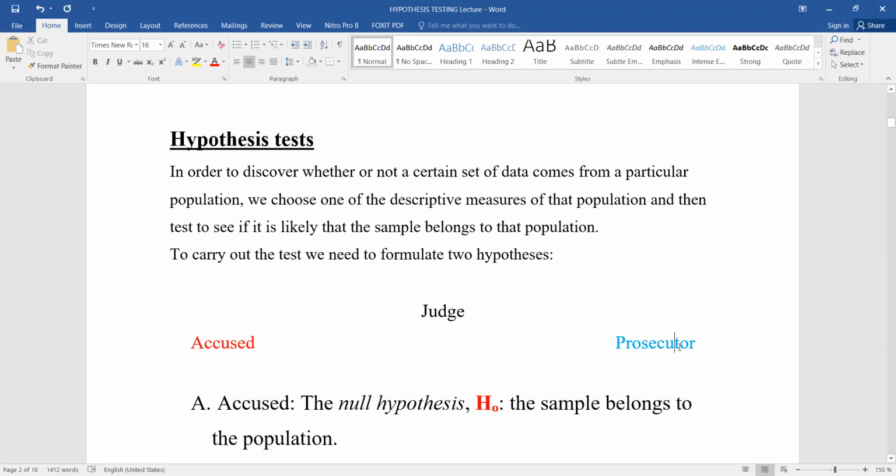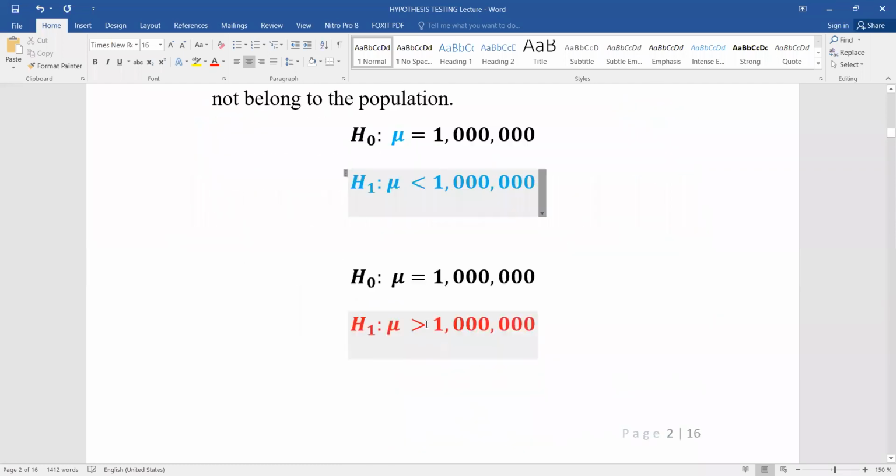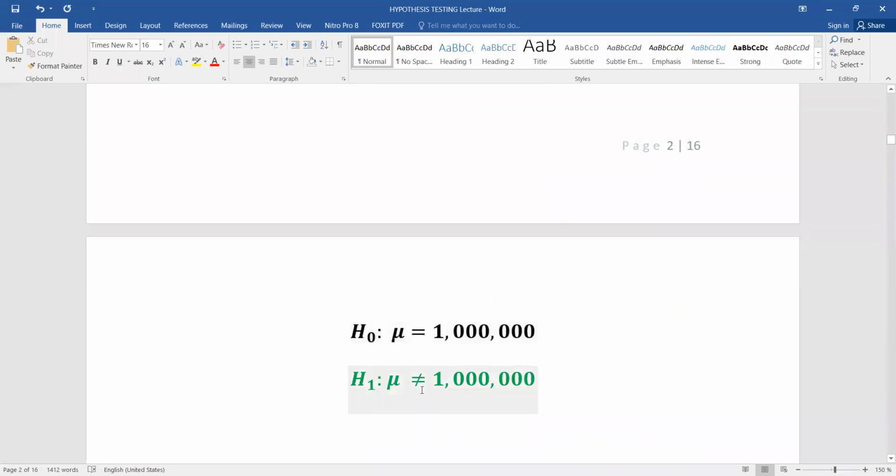Then the judge will decide who is guilty and who is innocent. I said there are three scenarios: less than, greater than, then not equal to, which is neither less than nor greater than. For now, it may not make sense, but as we go on, things will be clear.